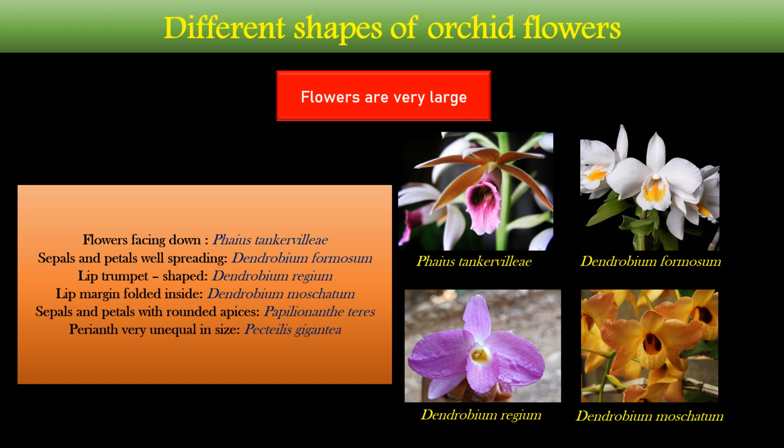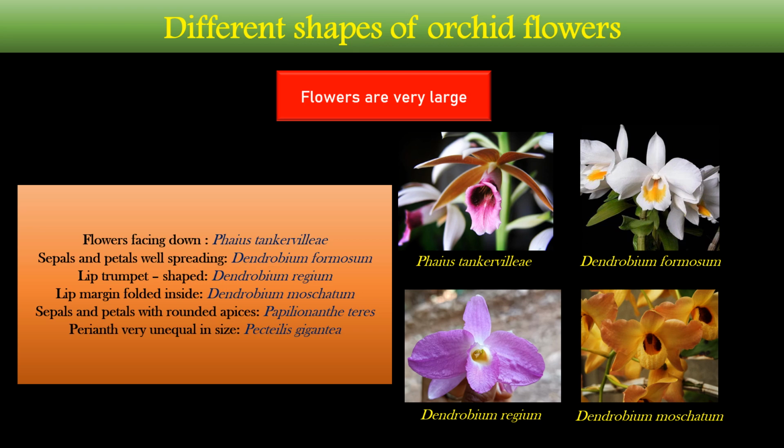In Bulbophyllum, you can distinguish by the bulbous, pseudobulbous part. So these are some orchids that you can distinguish without a flower, but you cannot tell the species. You can tell that it is a genus Dendrobium or Bulbophyllum, but you cannot tell the species because the flowering was not there. For that, when the flower comes, the flower also has very different types of stages.